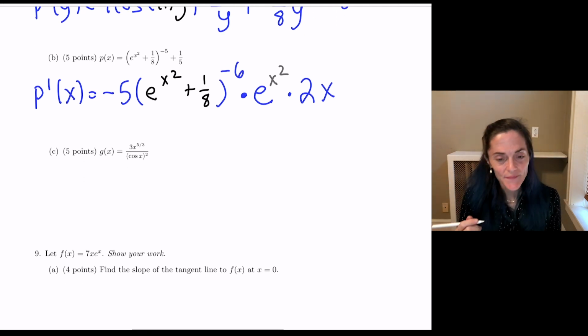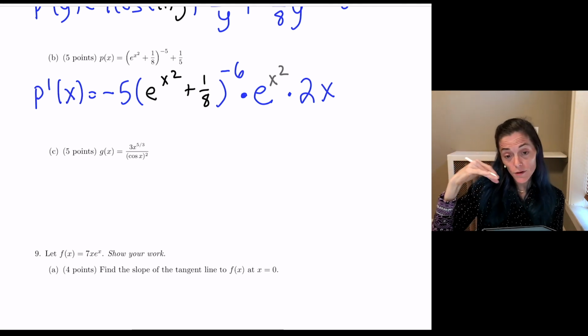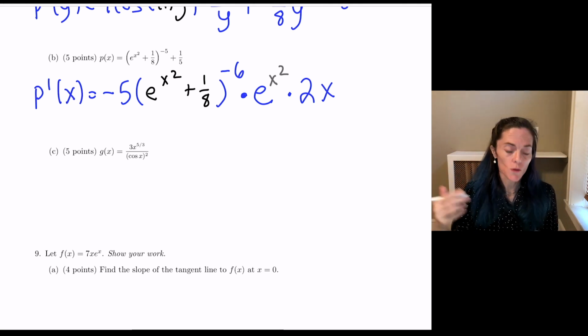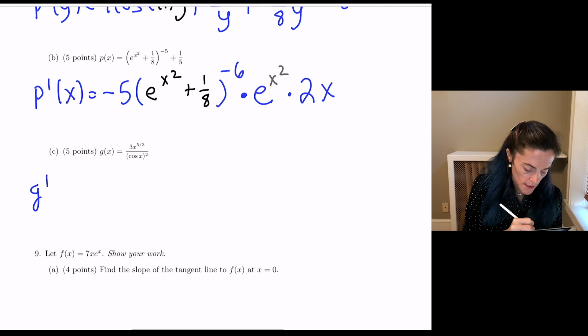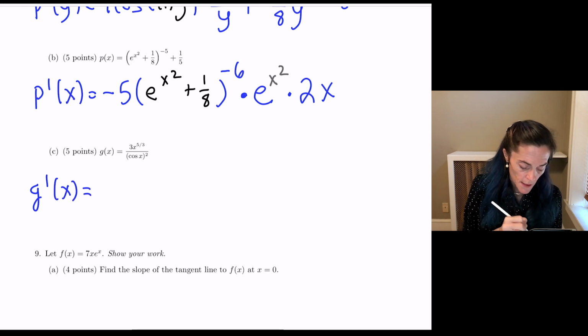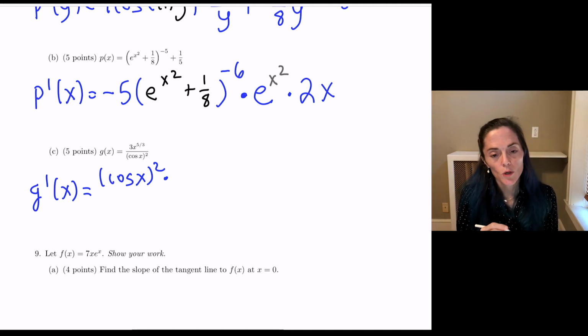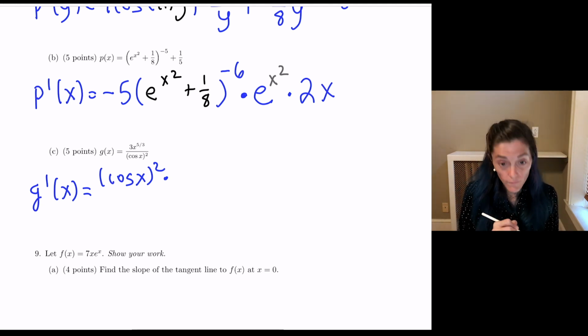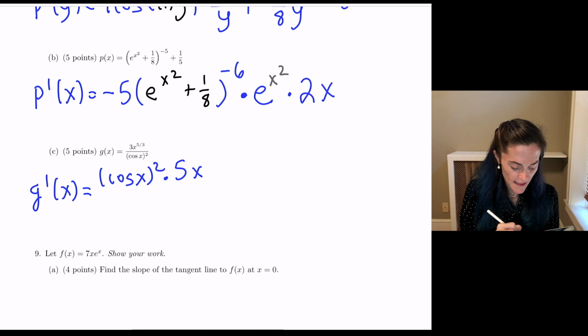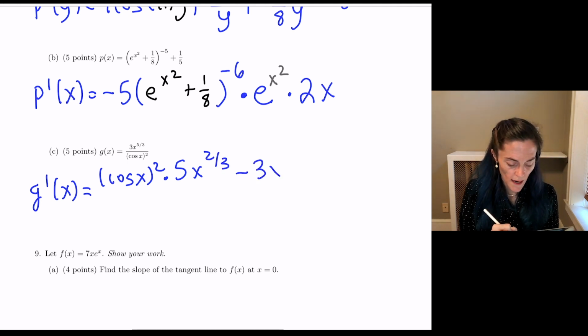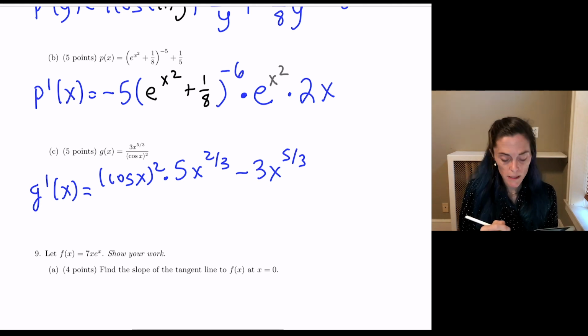Letter C, 3x to the 5/3 divided by cosine x squared. I am going to use the quotient rule. So I have the denominator times derivative of the numerator, which would be 5x to the 2/3, and then minus the numerator times the derivative of the denominator.